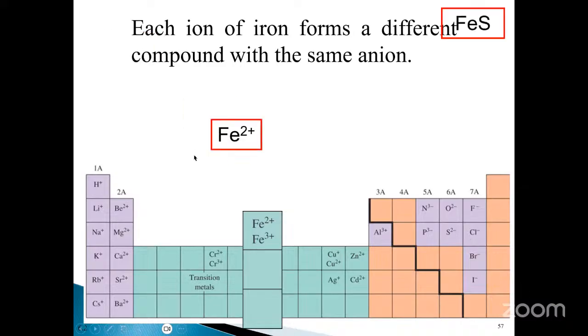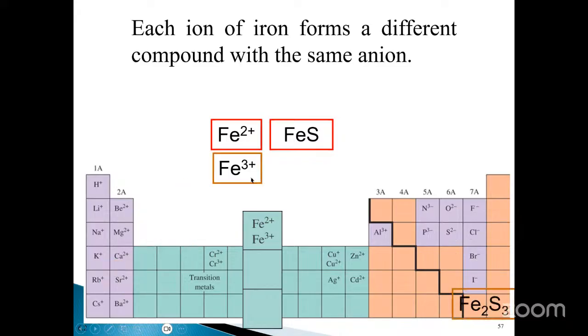Just to illustrate what happens in the case of iron, if you're dealing with the +2 charge iron, when it combines with a sulfide ion, it becomes this, right? But if the charge is +3, when it combines with a sulfide ion, you see the formula is a bit different. So the question is, how do we name these two? Believe it or not, these are two different compounds, simply because the compositions are different.